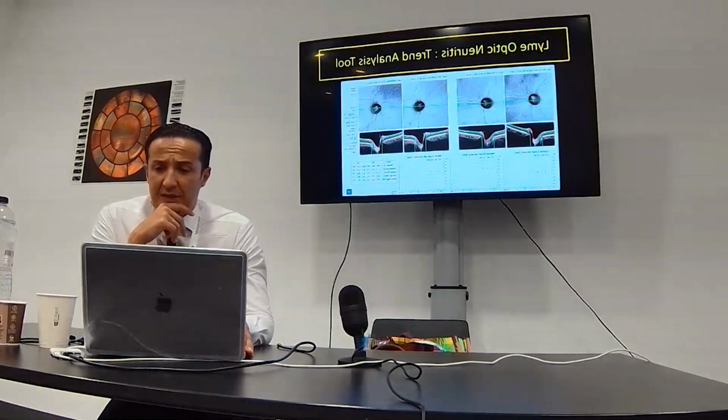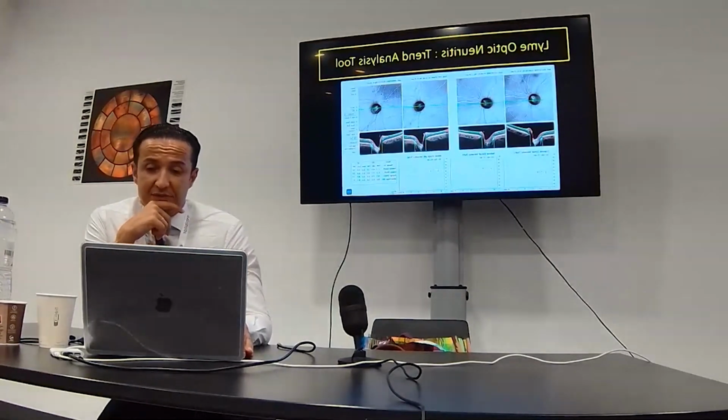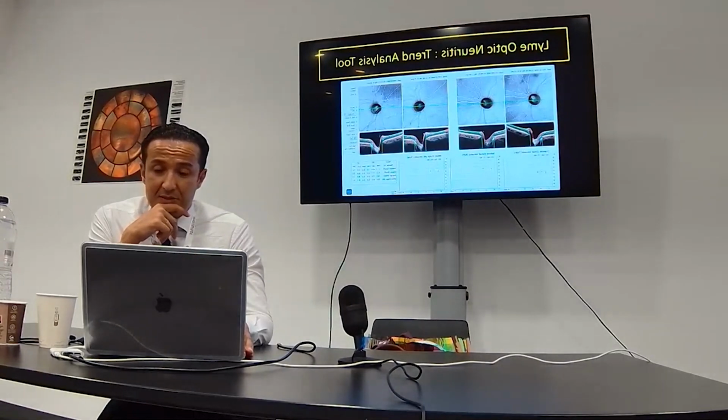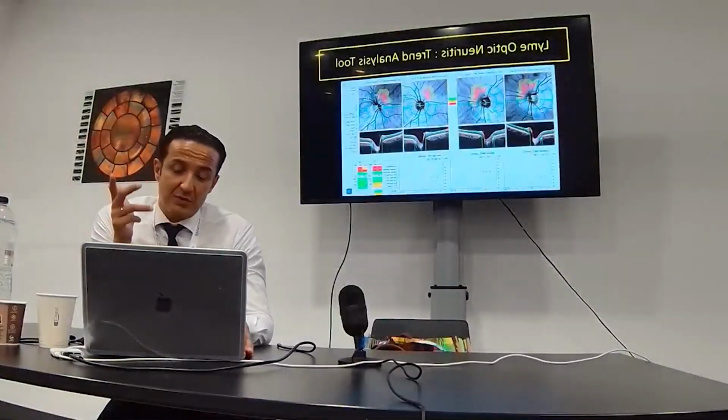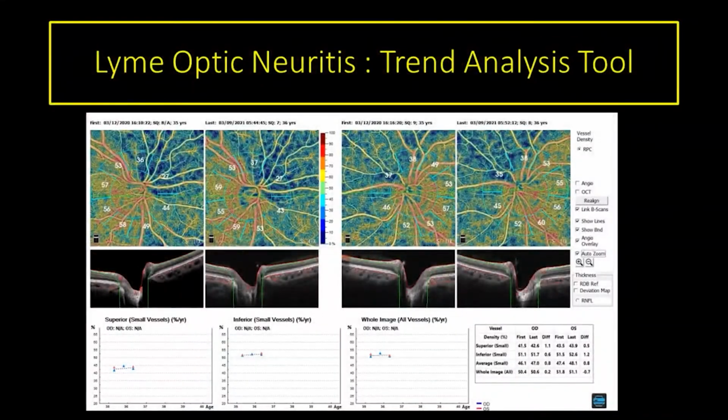Another case of optic neuritis, you can see on en-face OCT the defect of RNFL on both eyes. And you can have a trend analysis of the RNFL and also with OCT angiography.